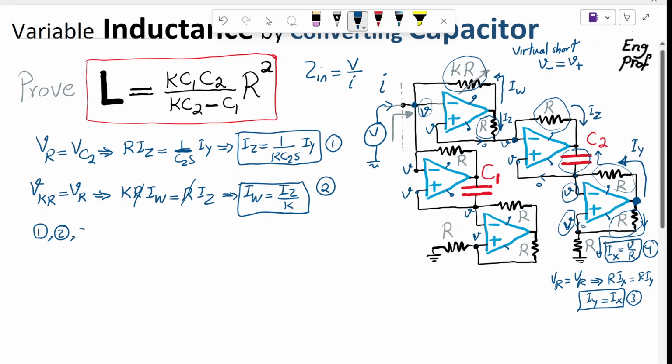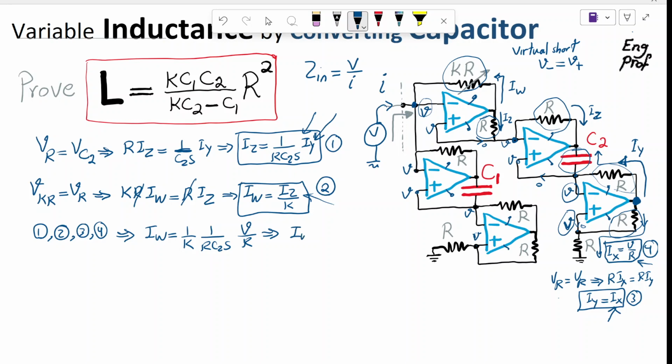So from 1, 2, 3, 4, I'm getting this outcome that IW is 1 over K, substituting for IZ here, 1 over R C2 S, then substituting for Iy, Ix, but then substituting Ix as V over R. Therefore, conclusion, IW is V over K R squared C2 S. So let's keep this as equation 5.